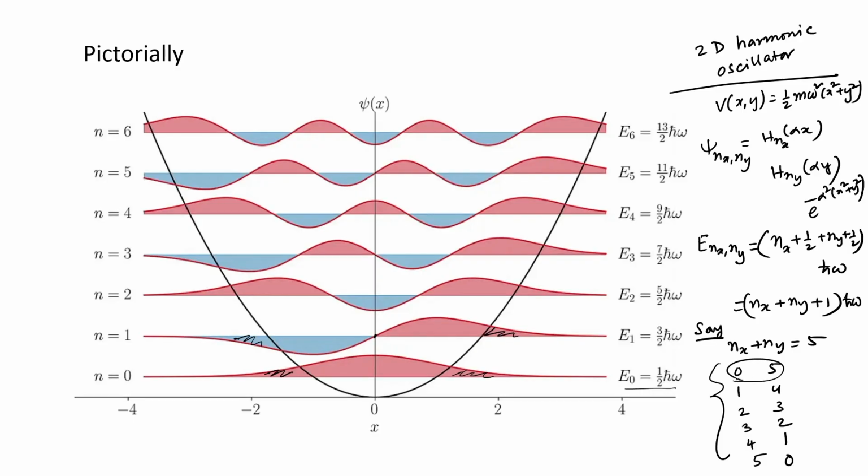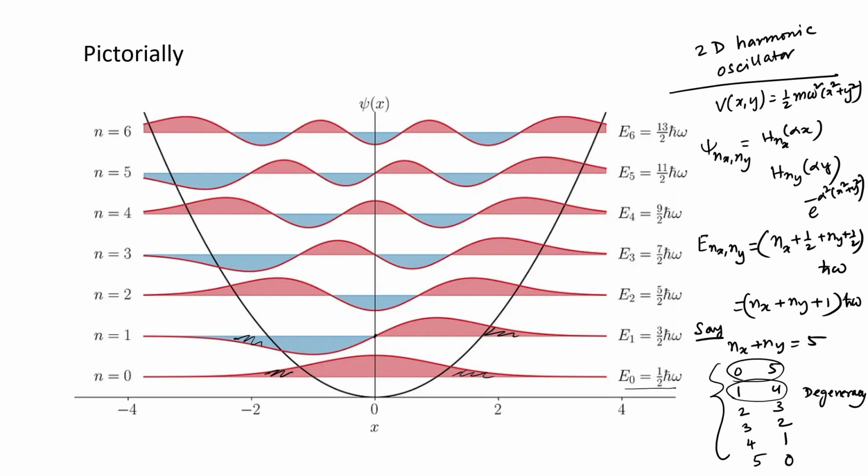However, their eigenfunctions are not identical. In fact, they would be orthogonal to each other. So, each of these choices, like nx equal to 0, ny equal to 5, will be orthogonal to nx equal to 1 and ny equal to 4, and so on and so forth. So, this degeneracy is an important thing, and this is going to be discussed even for the hydrogen atom.